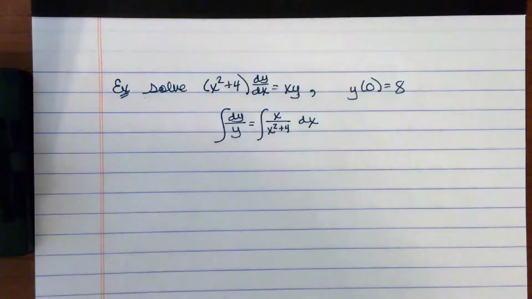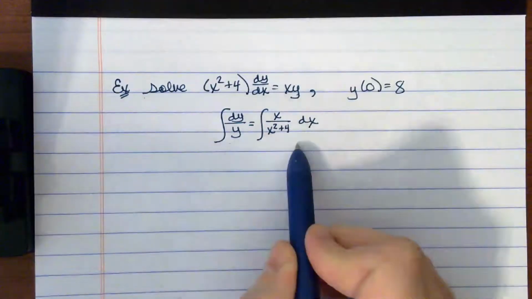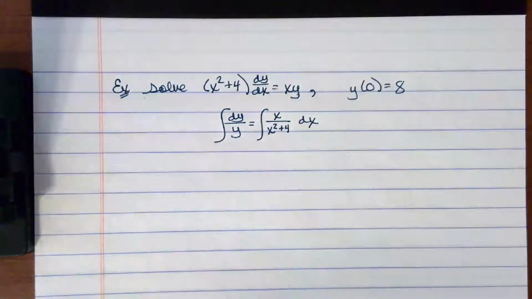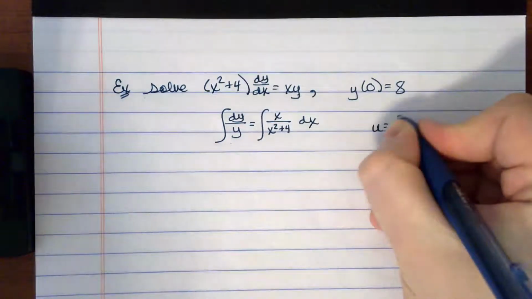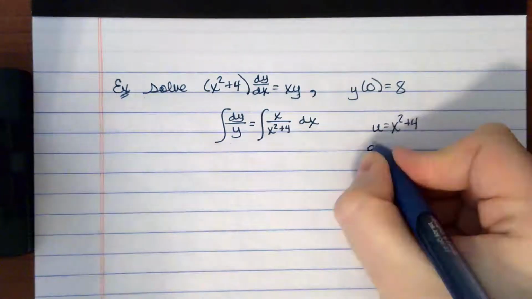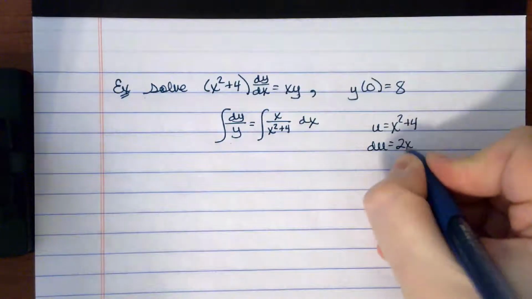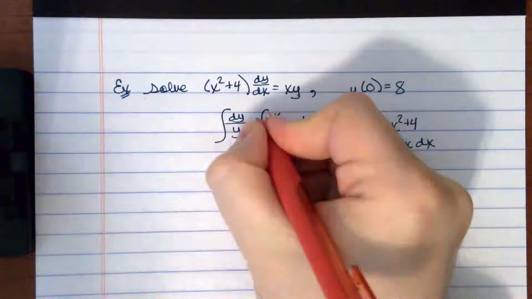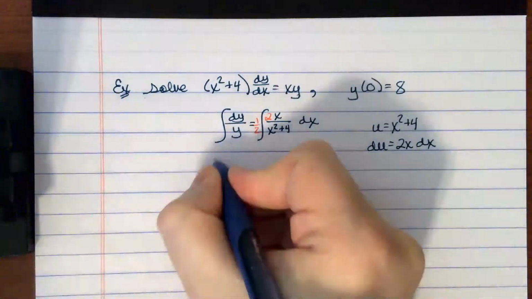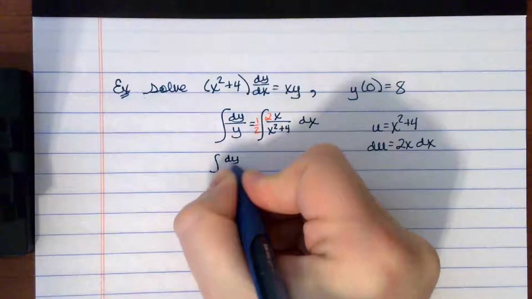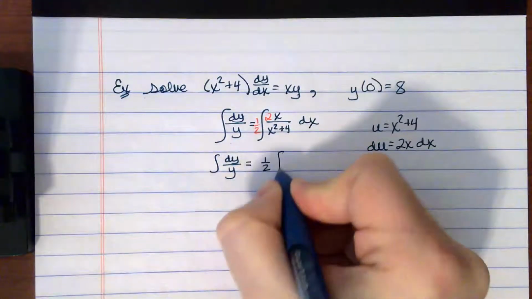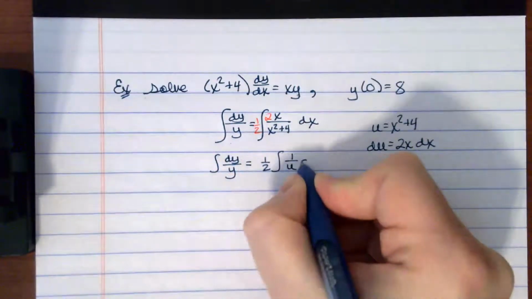When you integrate, the left side should be straightforward enough, but the right side requires a u substitution. What's u and what's du? U is going to equal x squared plus 4. Du, its derivative, is 2x dx. So I can make that work with a 2 inside and a 1/2 outside. And this is going to become the integral of dy over y, or 1 over y dy, equals a half times the integral of 1 over u du, or du over u.